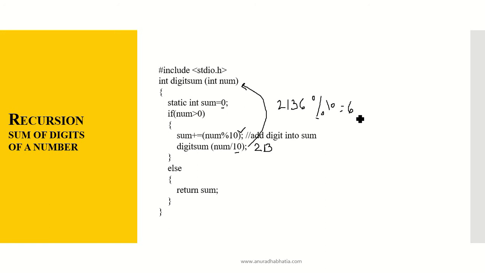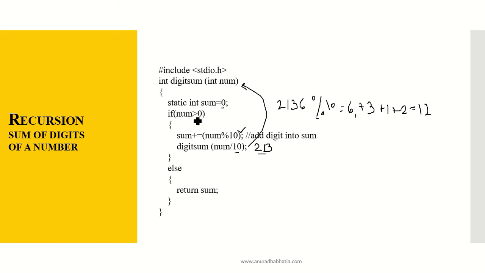So remainder will be now 3. So 6 plus 3. And here the quotient will be now 21, which will be passed. So we again come down. So it will be 21 mod 10. So it will be plus 1. 2 is remaining. 2 divided. Again it is plus 2. So the final answer will be 12.